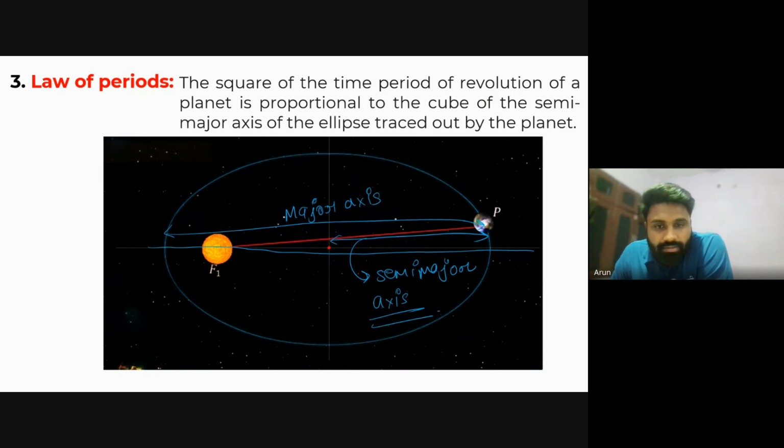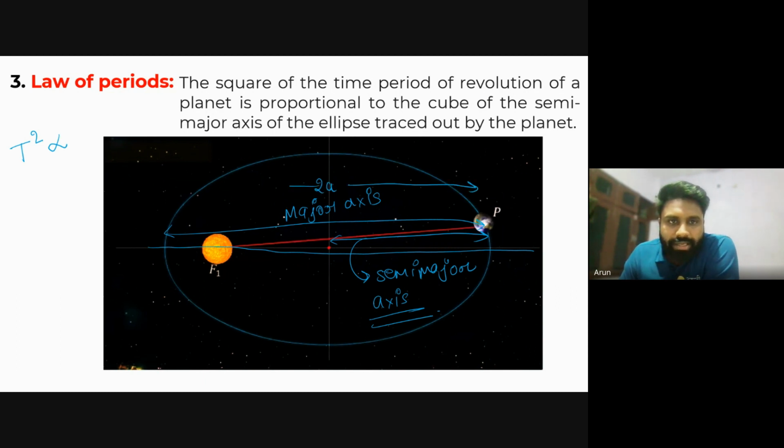So, according to the law of period, what does it tell us? That the square of the time period of revolution of a planet is proportional to the cube of semi-major axis of the ellipse traced out by the planet, which means T square is directly proportional to, if the major axis length is 2a, this length is 2a, the length of major axis, so half of it will be the semi-major axis.